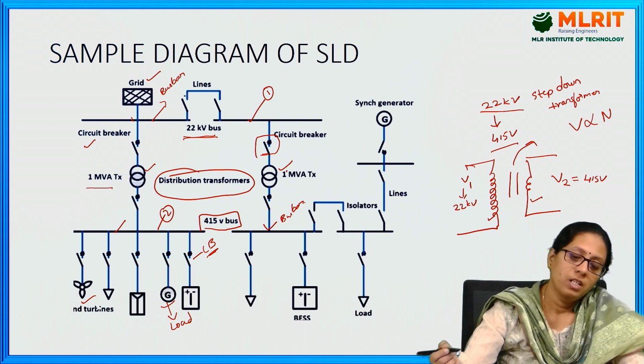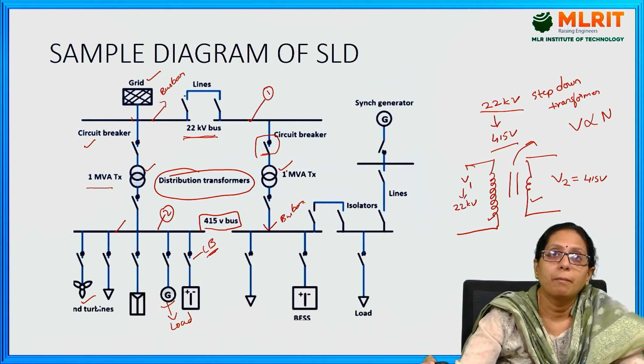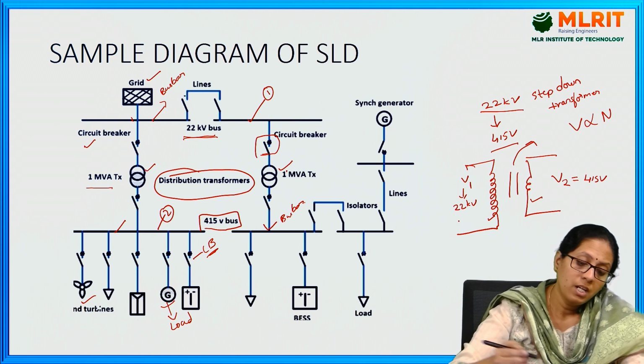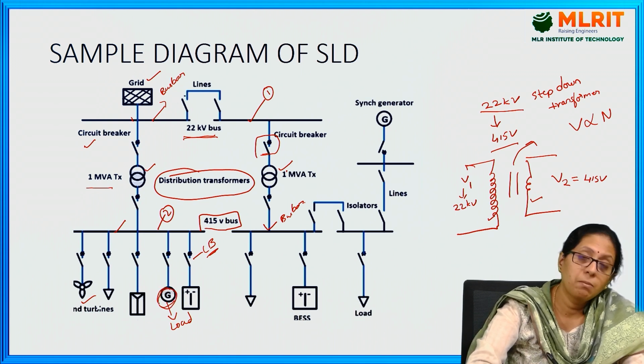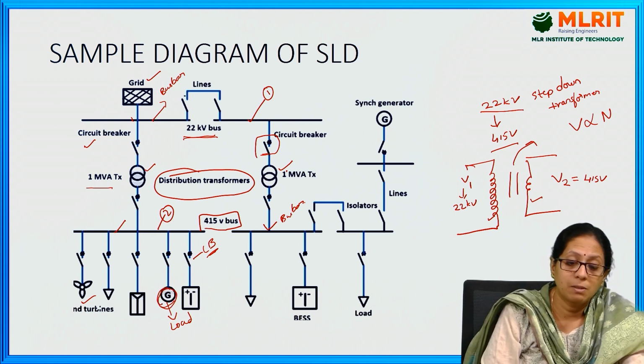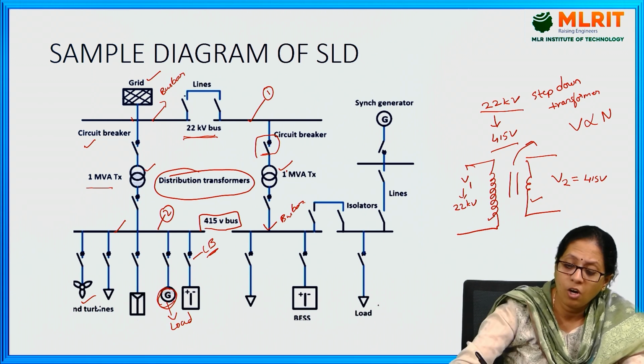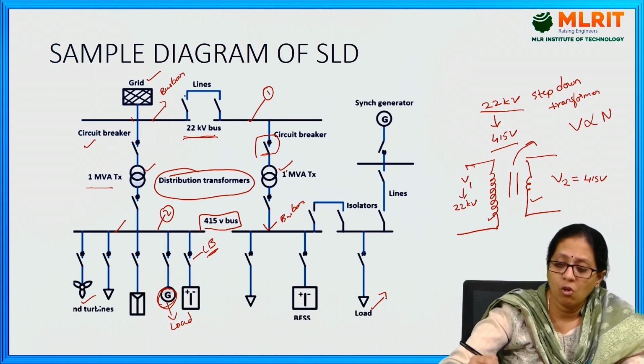So the 1 megavolt ampere rating distribution transformer is stepping down the voltage from 22 kilovolts to 415 volts, because 415 volts is the maximum rating of this particular generator as well as turbine or different types of loads.